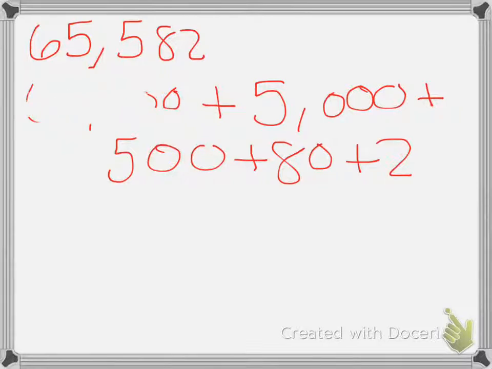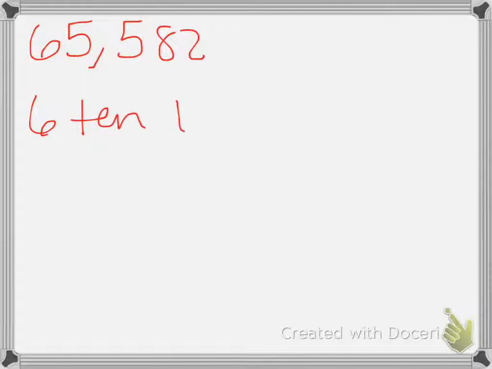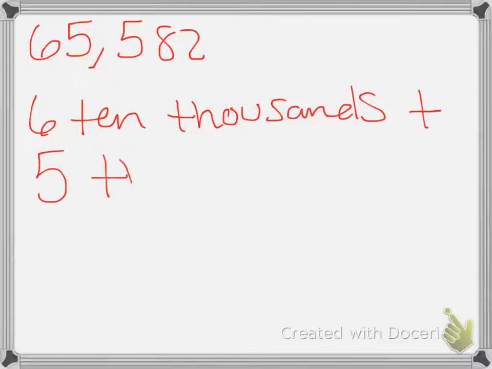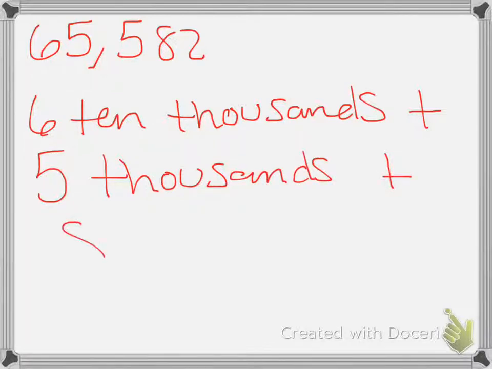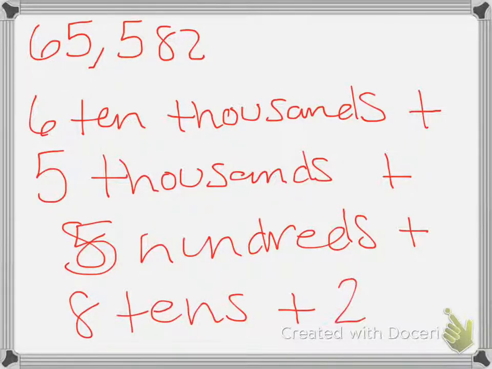Or I can write it like this. 6 10,000s plus 5,000s plus 5 hundreds, or 500s, plus 8 tens plus 2 ones.